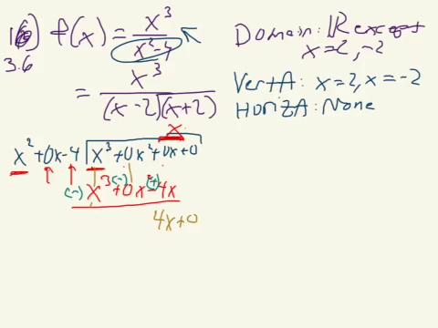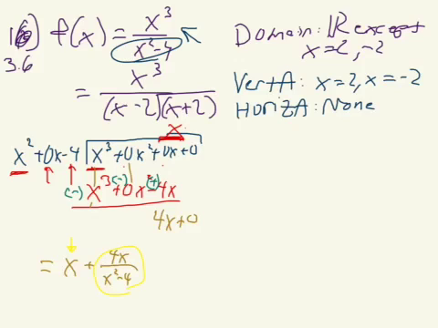So our answer, another way to write this function, is x plus 4x over x squared minus 4. And with that in mind, it's clear that as x goes to infinity, as it gets massively large, this term will go to 0. And the function approaches just x.